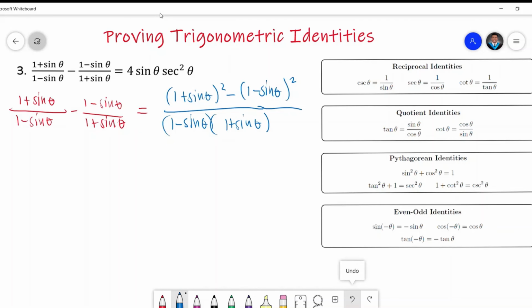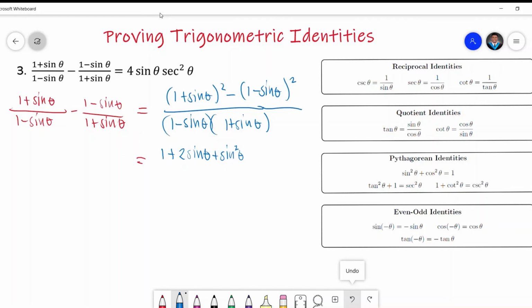Okay. Now, the next thing we do is we're going to expand the numerator. So, expanding the numerator, let's expand this one. This will give us 1 plus 2 sine theta plus sine square theta.